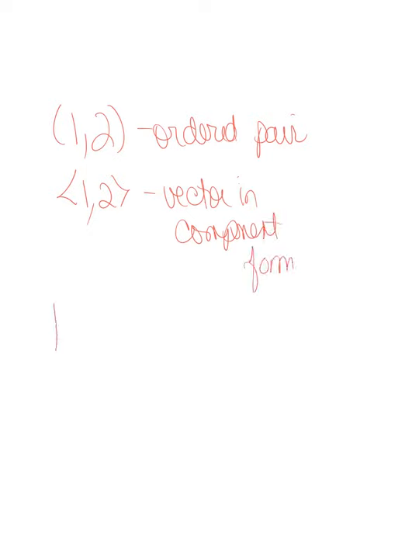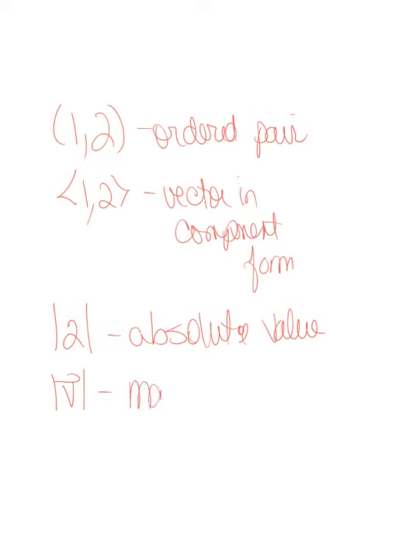If I put a number inside of the single lines going down it, I am talking about an absolute value. If I put a vector inside of something with the lines going down it, I am talking about its magnitude. So be very careful with your notation on this.